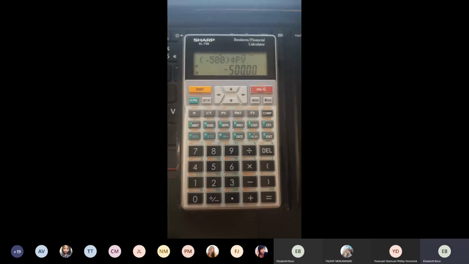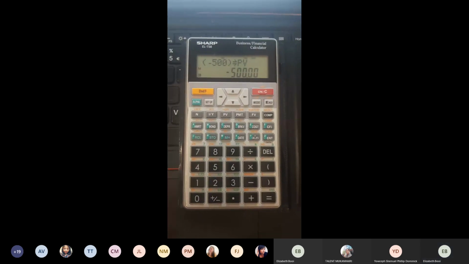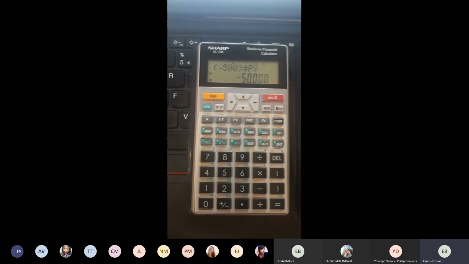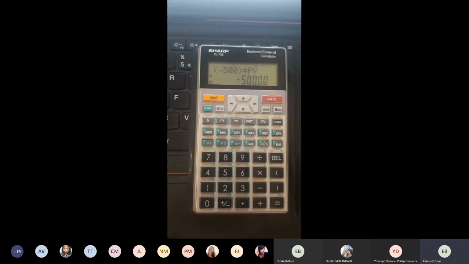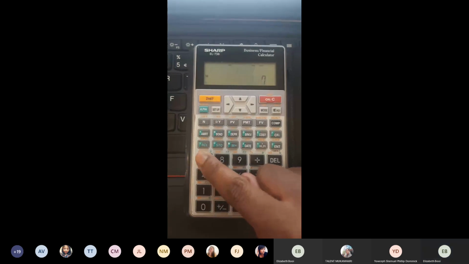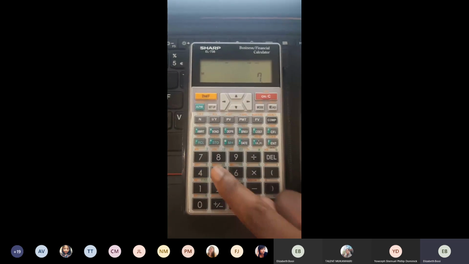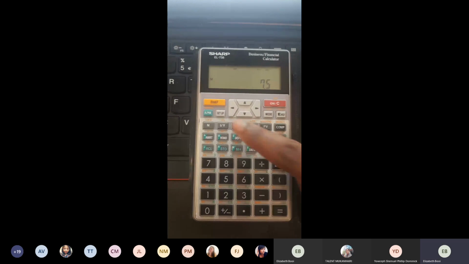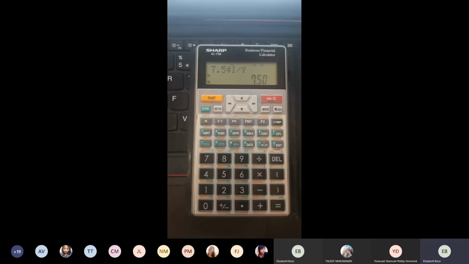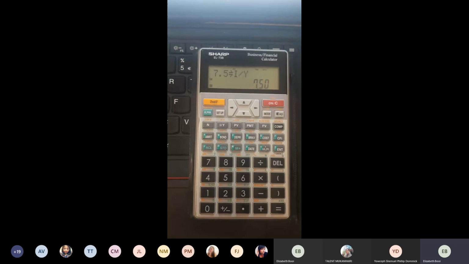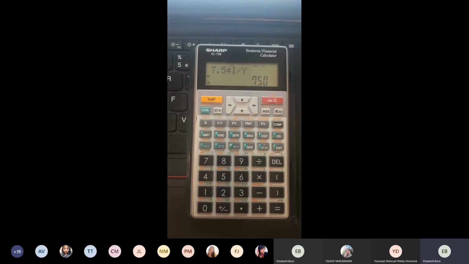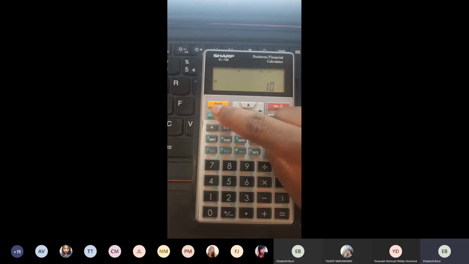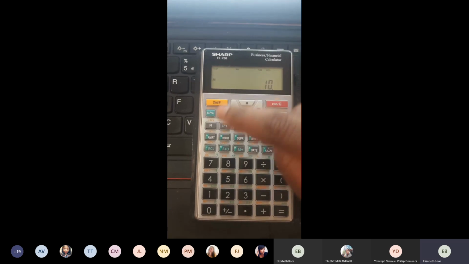Then we press the 7.5, and it is our I/Y. We press the I/Y, and then we do the period, which is 10. So you say 10, and you say second function, and then we press N.